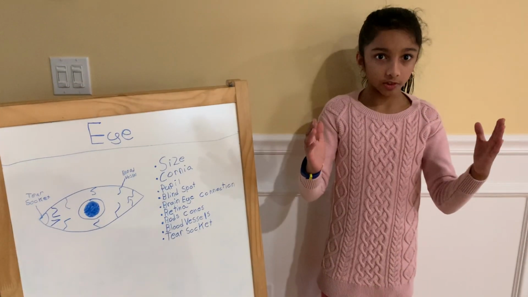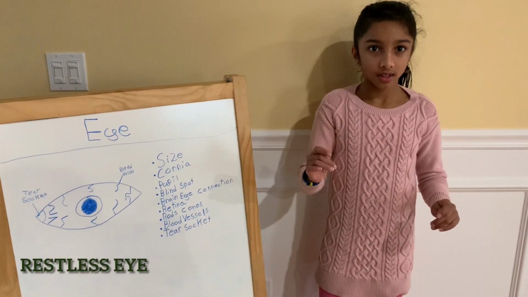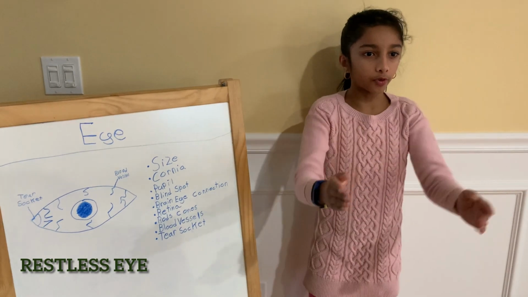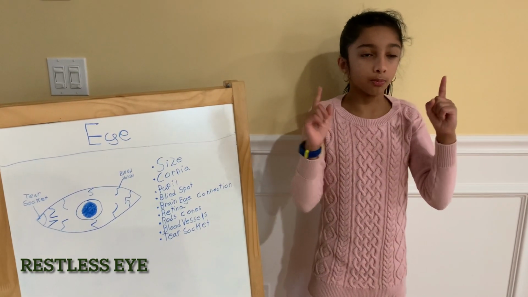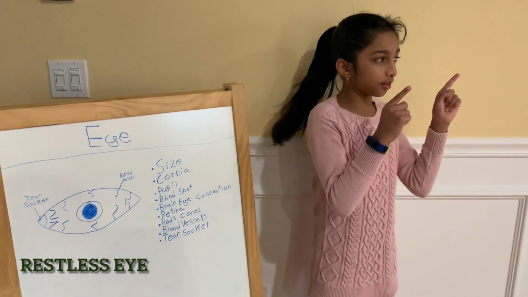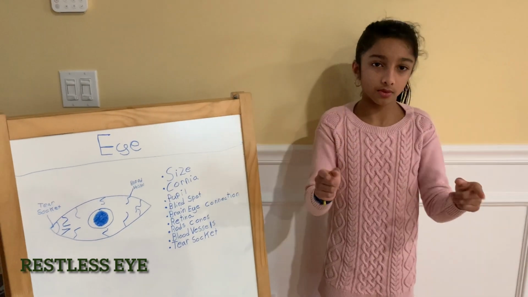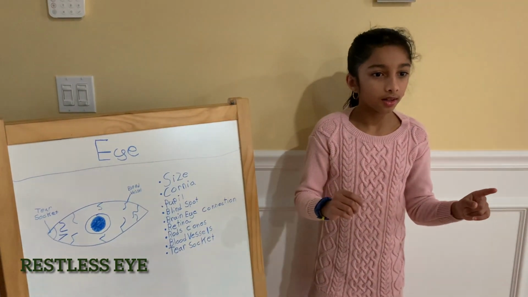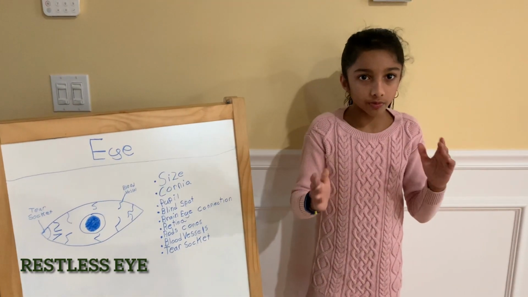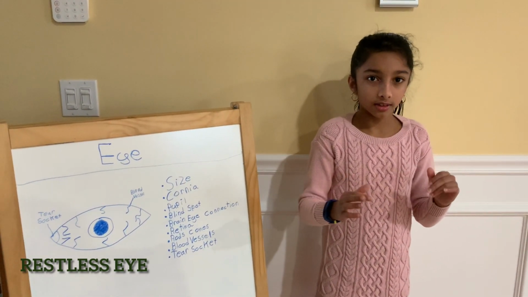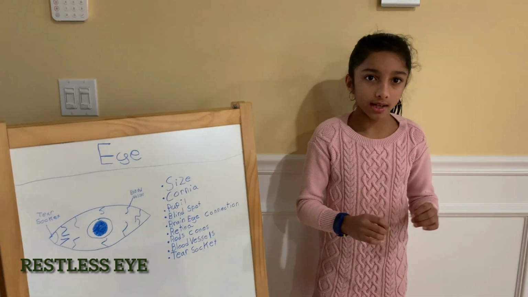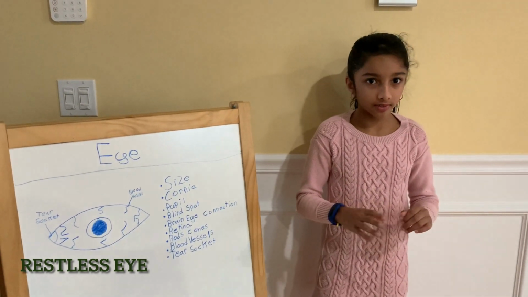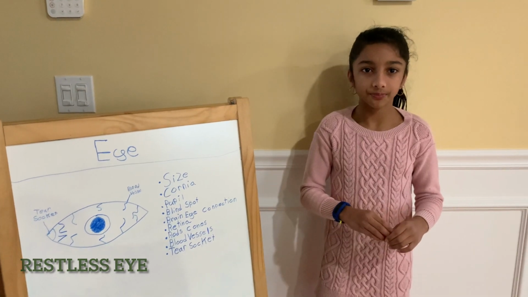The eye is really restless. You might think that our eye is always looking forward, and whenever we want to move our eyes, like here, there, they move. But actually, our eyes are never still. They keep on moving, but they move in such a slight way that we don't even know that they're moving.